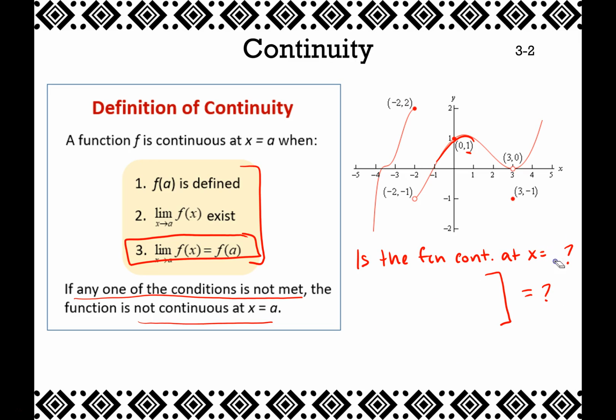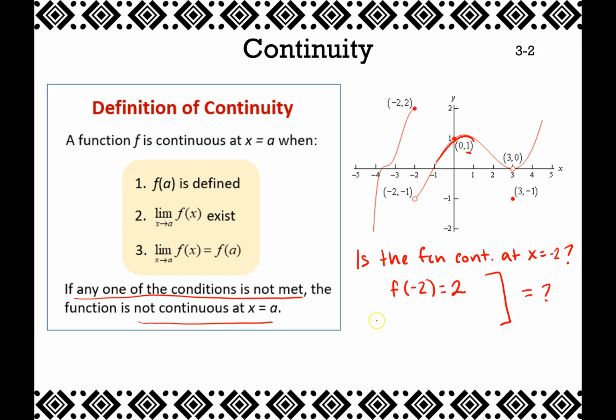All right, let's try one where it doesn't work. So let's find, how about x equals minus 2? All right, what's the limit? Oop, I skipped one. Let's go back and do number 1. What is f of negative 2? Well, f of negative 2 is actually 2, right? Because this is filled in right there.